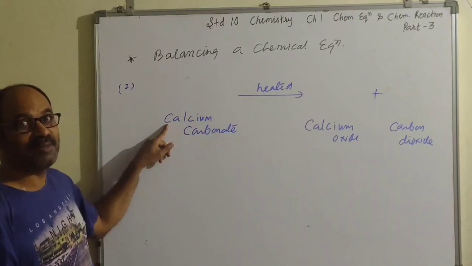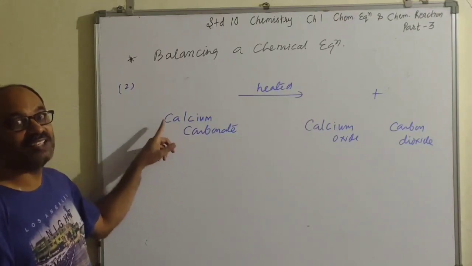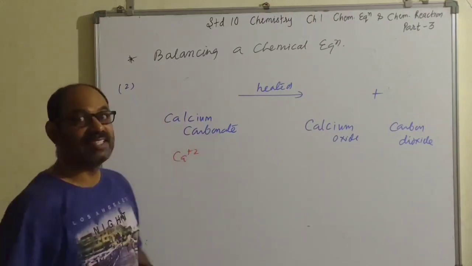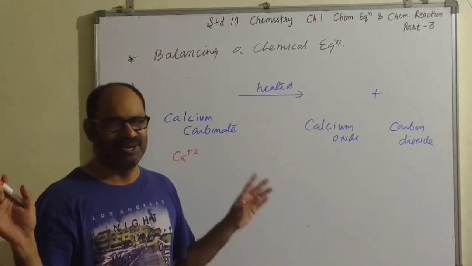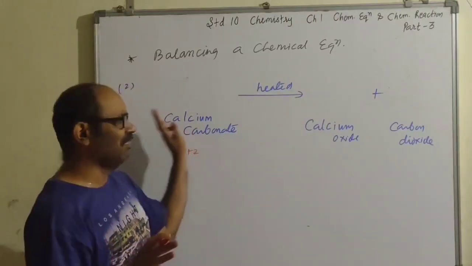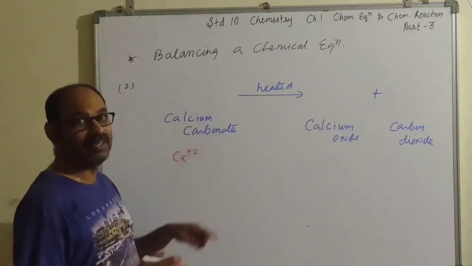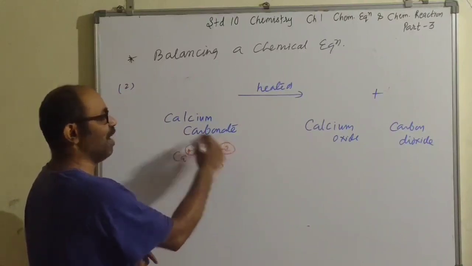Calcium is Ca plus 2. Carbonate is CO3 minus 2. I hope you have learned this, otherwise it's not going to help. If you have not learned, this will be all useless, children, let me tell you. Plus 2, minus 2.